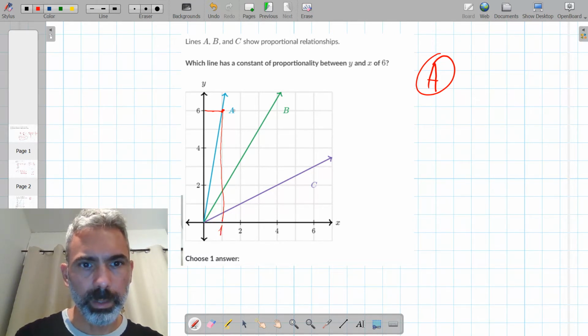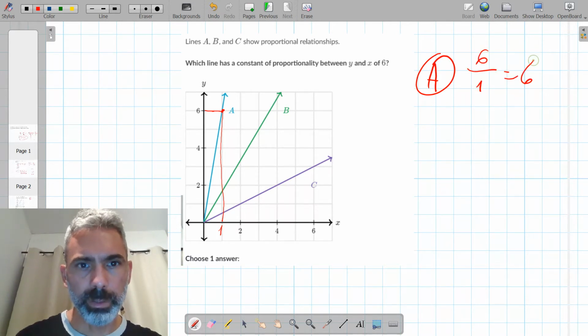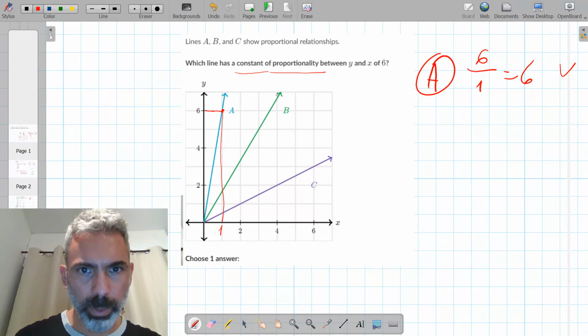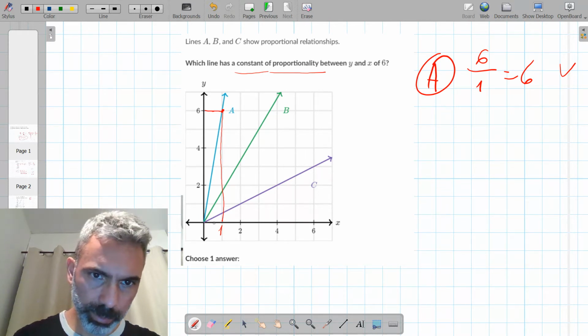So A, 6 divided by 1 is 6. So here in line A the constant of proportionality between y and x is 6. So A is good.